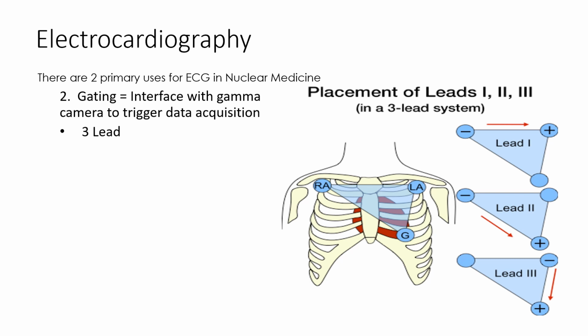Those require slightly different EKG placements, but for the most part, this is how it will be for SPECT imaging, and then even for any gating, that's what you would have is right arm, left arm, and then the grounded one will be down below, kind of where the apex of the heart is.